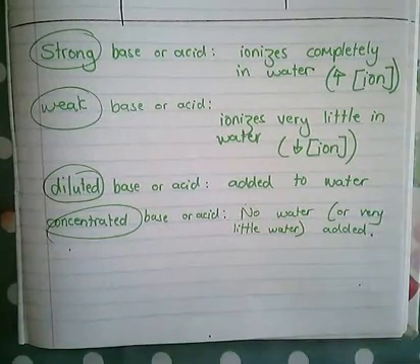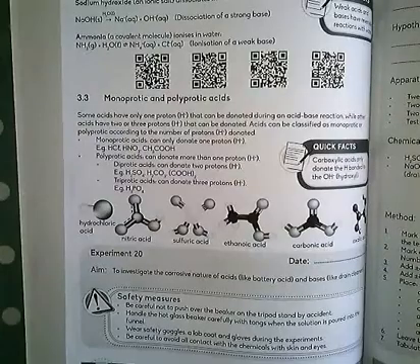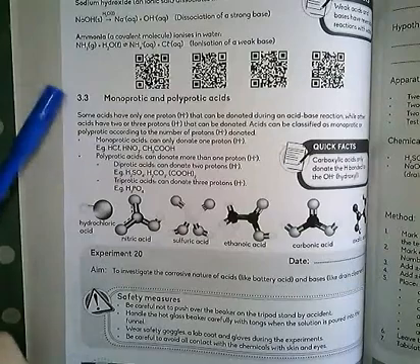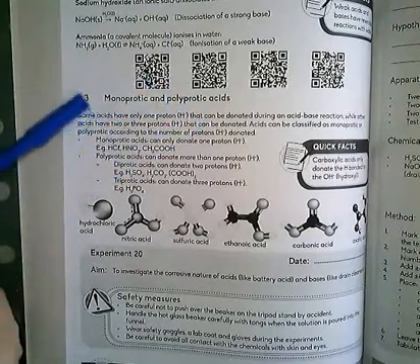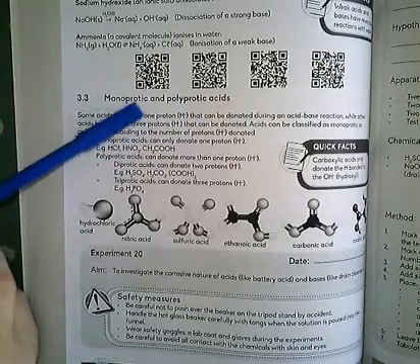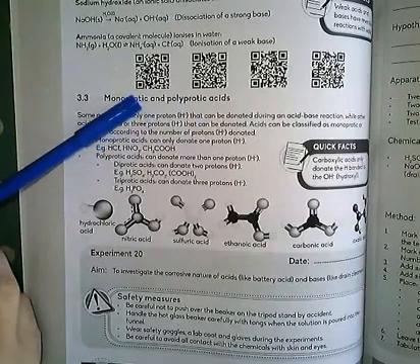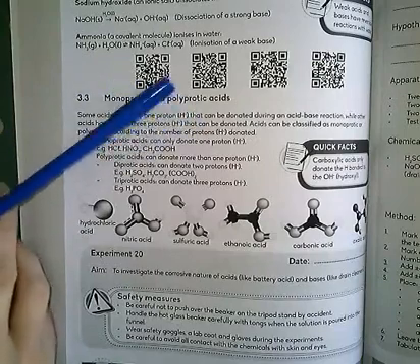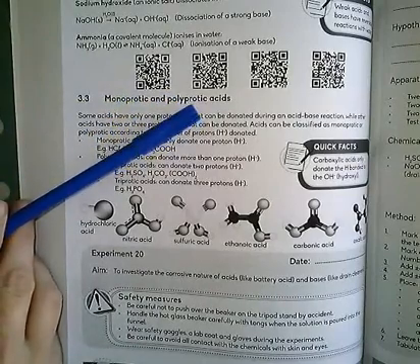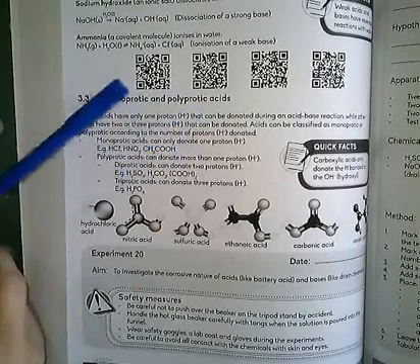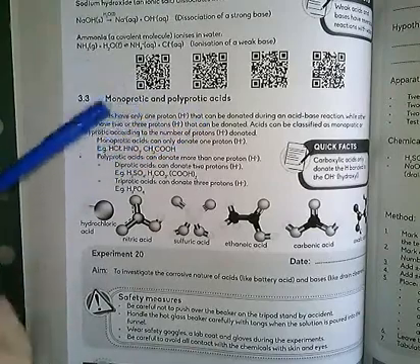I'm still on page 312. So now the distinction between a monoprotic and a polyprotic acid. Mono just means one. Protic comes from protons, that's hydrogen. Poly meaning many, protic as in proton as in hydrogen. So monoprotic acids are just acids that release only one hydrogen.